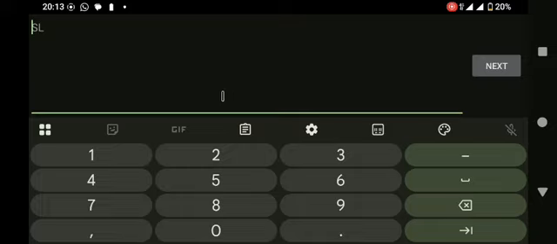Then I'll click the stop loss. The stop loss maybe could be at 85,900, like that.